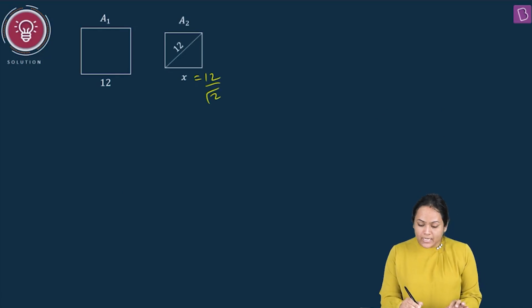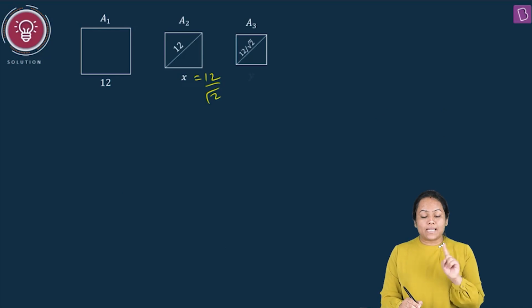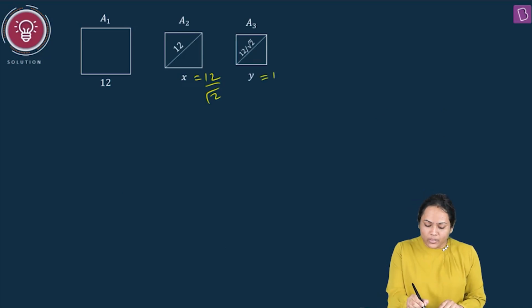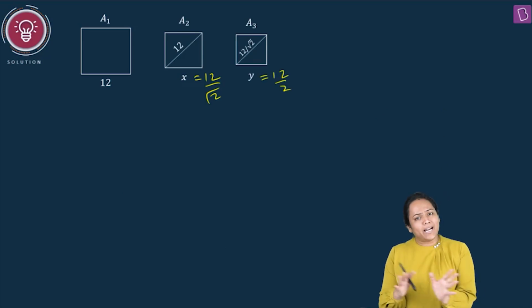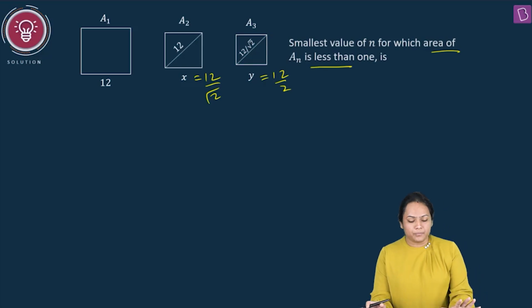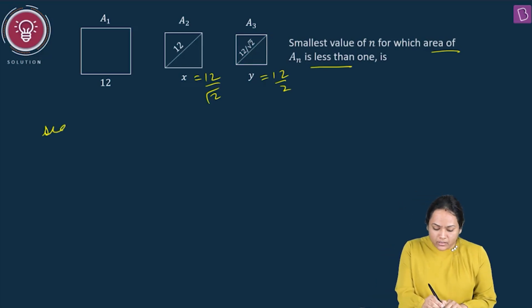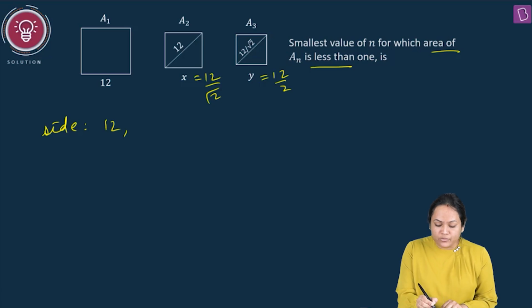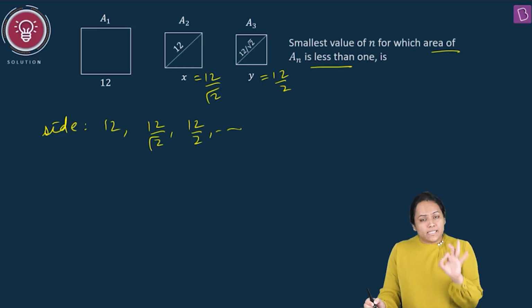Then I have A3 whose diagonal is 12 by root 2, so the side will come out as 12 by 2. And this will go on. I have to find the smallest value of n for which area of An is less than 1. So my side pattern is going to be like this. I have 12 as the first term, then 12 by root 2, then 12 by 2 and so on. This is a GP.